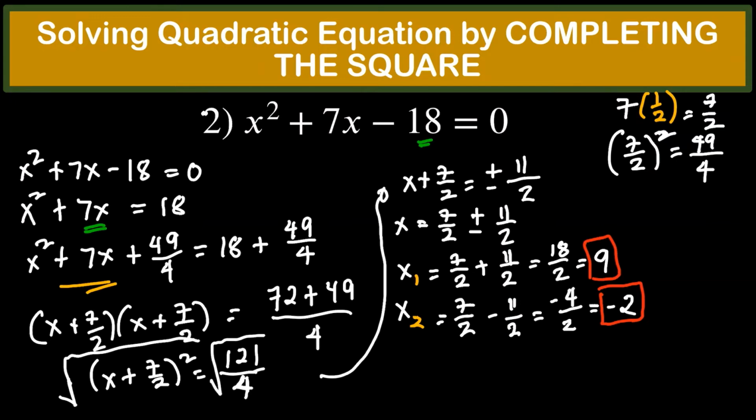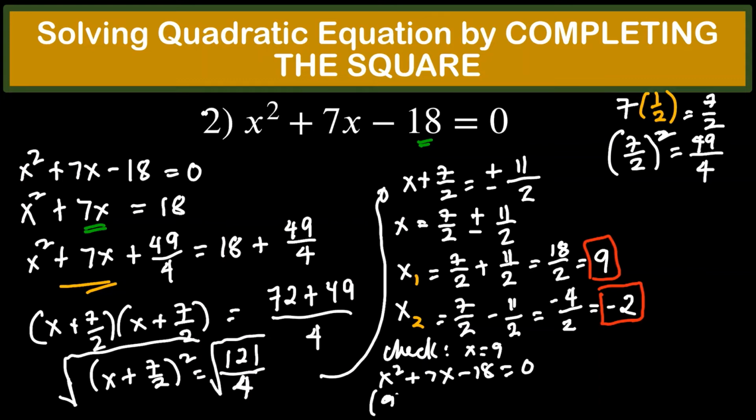Alright, so we can also check our answer. So we have x squared plus 7x plus or minus 18 equals 0. So let's have 9. So x equals 9.